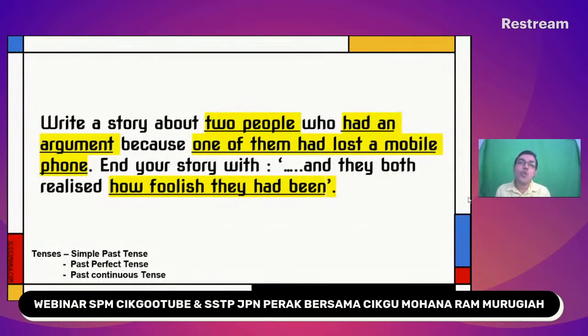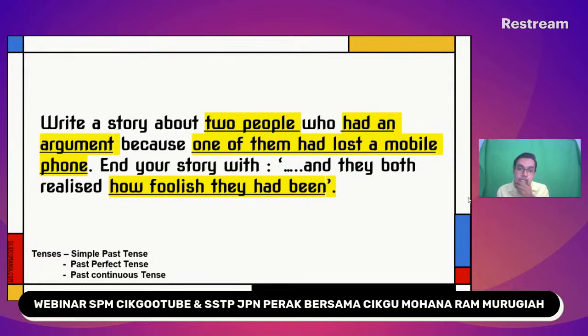Write a story about 2 people who had an argument because one of them had lost a mobile phone. End your story with, and they both realized how they had been foolish. So again, first, if you see this essay, you are required to write in past tense, right?